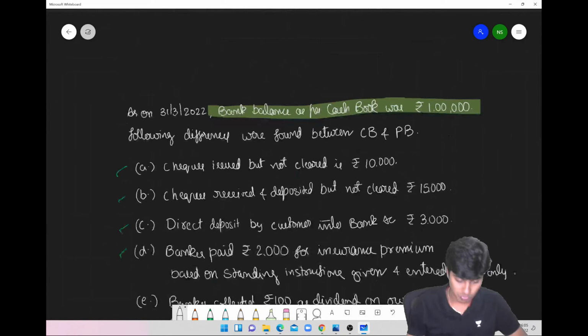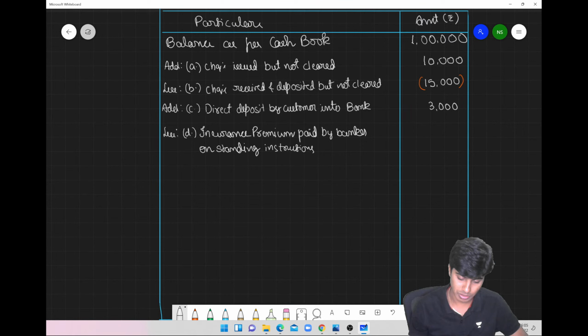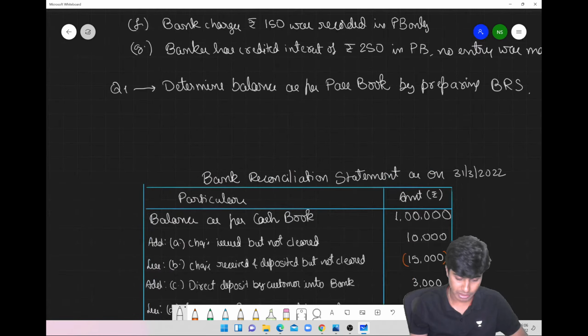How much is the amount for adjustment D? It is rupees 2000. Very good. It's a less item. Come on, let's go to item E.